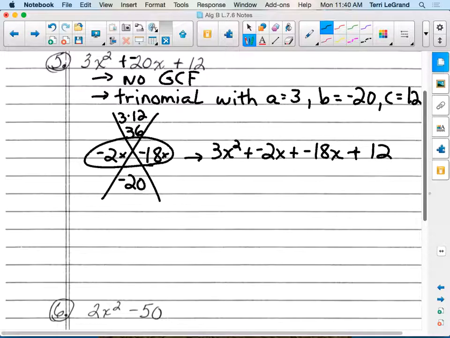Okay, go ahead and factor that by grouping, because you know how. Factor that by grouping.